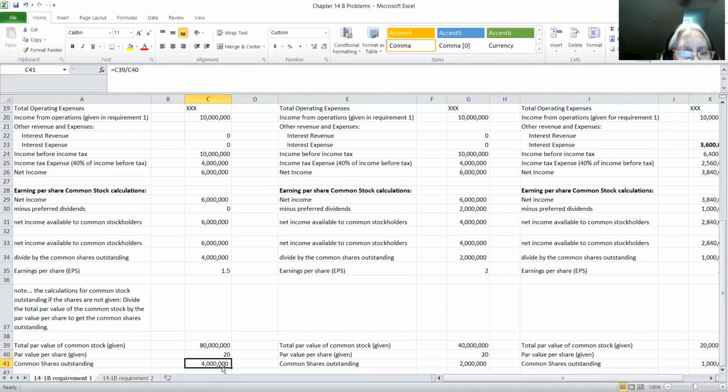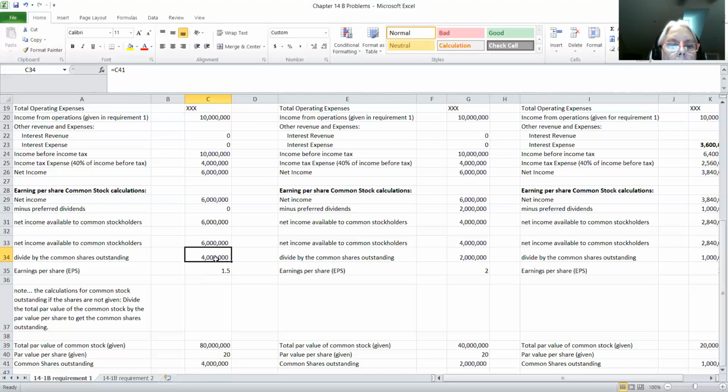In order to find the common shares of stock outstanding, you would need to divide the $20 par value per share into the total par value, and that will tell you that you have 4 million shares that are available for this particular company in Plan 1.